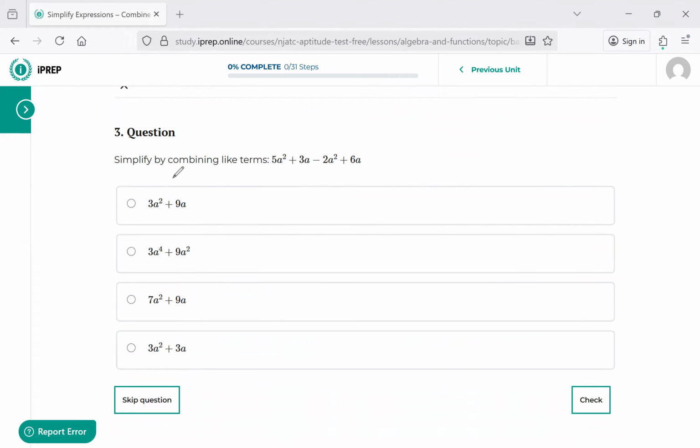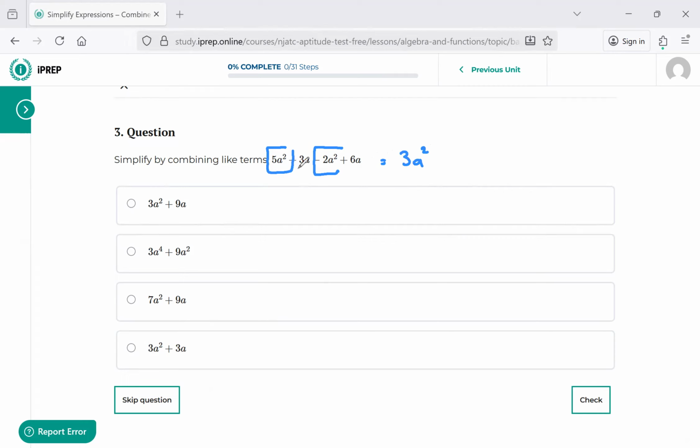Question 3, simplify by combining like terms. Okay, so now we have a square and then a regular a. When you are in that situation, just go with the highest power. So you can box anything with a squared. You have a 5a squared here and a -2a squared there. That is going to be 5 minus 2, which is 3a squared.